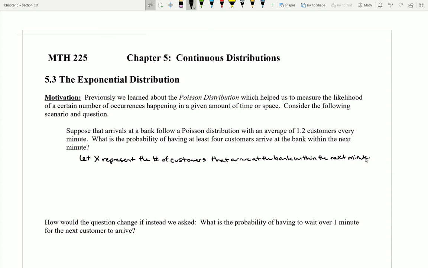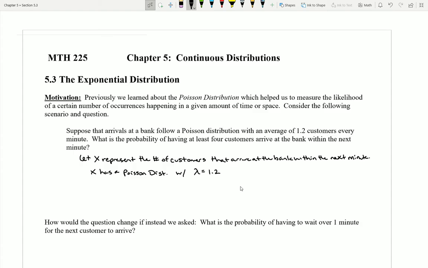Well, I can see here then that x has a Poisson distribution, and I know that the value of lambda is the average number of customers that show up every minute, and that was told to me to be 1.2 customers per minute.